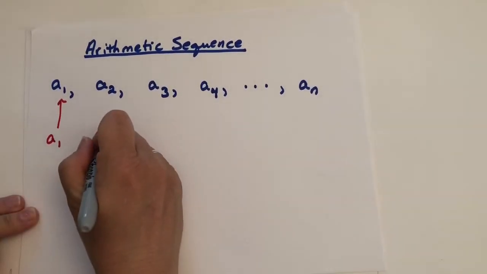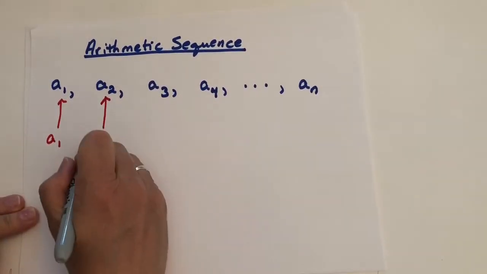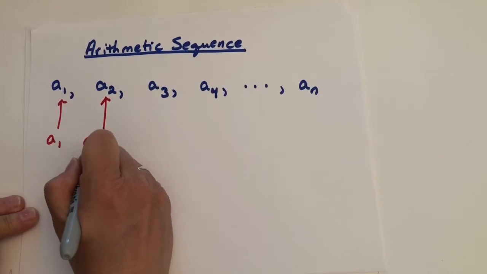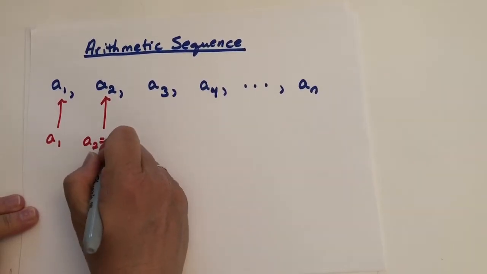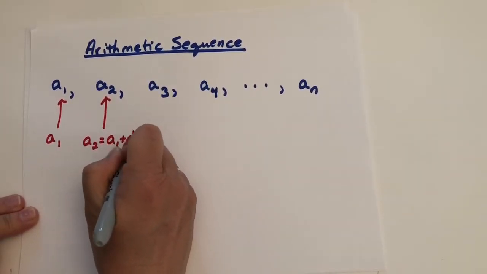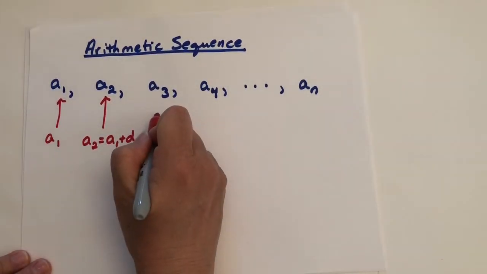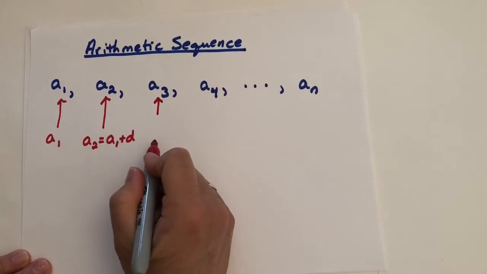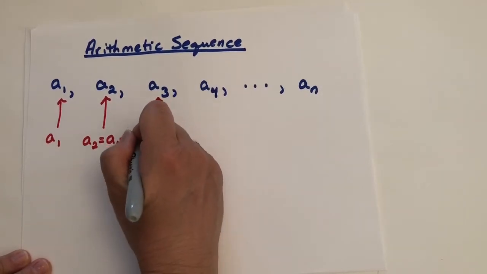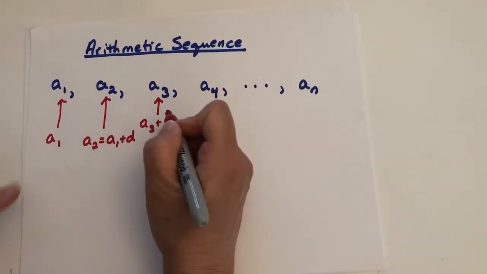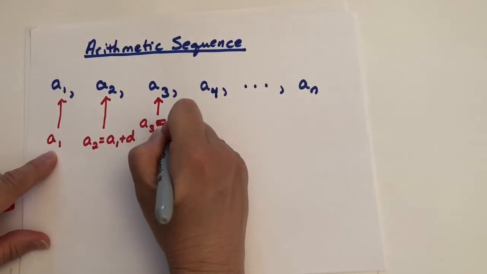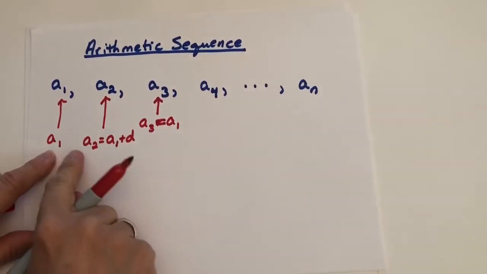But this term right here, a sub 2, will be the first term with D added in. This third term will be the first term with D added in twice.